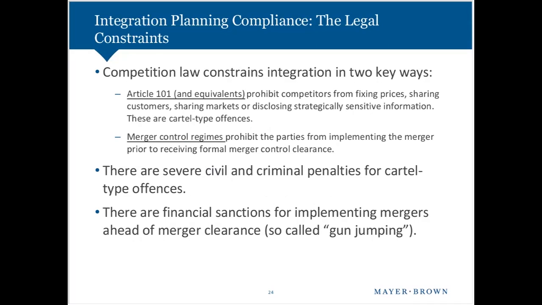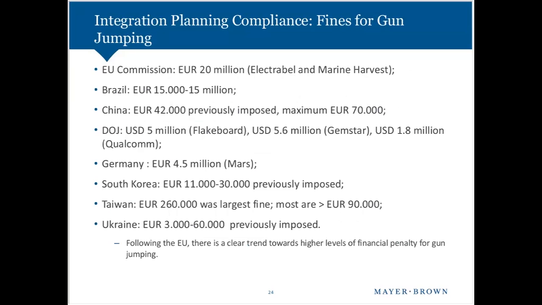In relation to the first, which is a basic loss of competition in the market, you're into cartel-type territory, and of course you'll be aware that there are severe civil and criminal penalties in that area. In relation to gun jumping or implementing a merger ahead of formal clearance, these days there are substantial fines in a number of jurisdictions, and we've set them out very briefly just as an illustration.